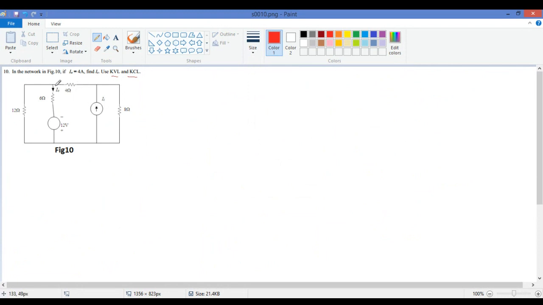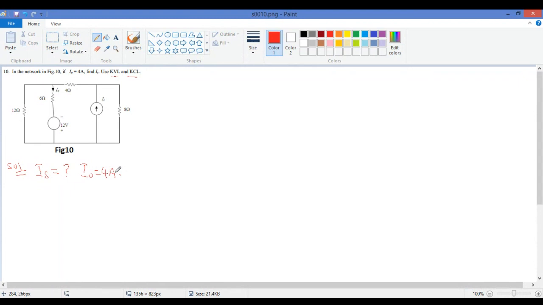Where is I naught? This is I naught. So I naught is given here as 4 ampere. Then we have to find out IS. This is IS, we have to find out. So in the solution, we have to find out IS, given that I naught is equal to 4 ampere.